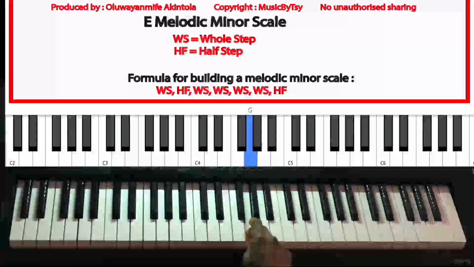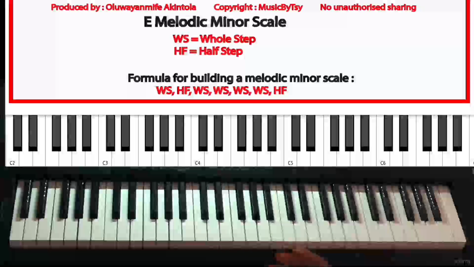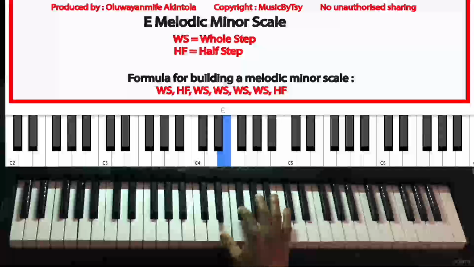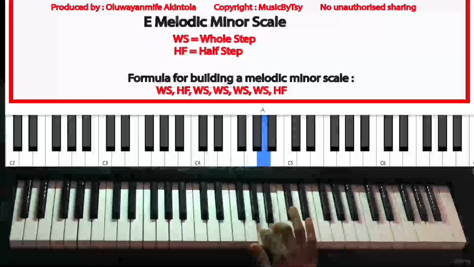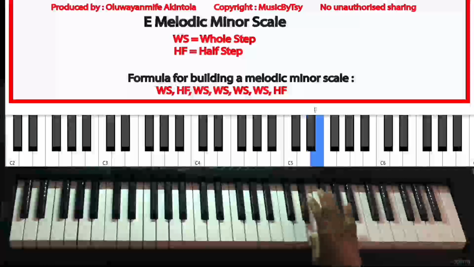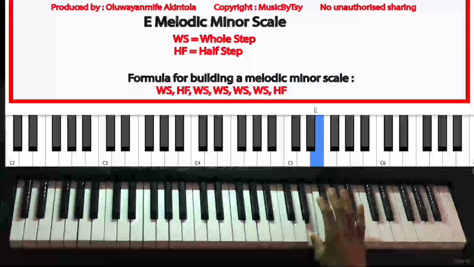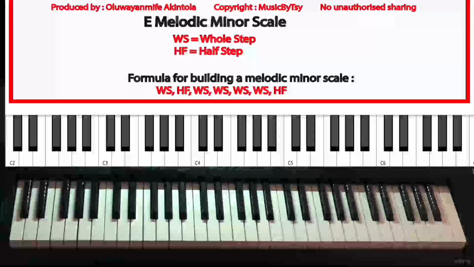So we're now going to play the new scale with the third note being the key of G. And that is going to be our E melodic minor scale. So yeah, let's do that. See that? So that is the E melodic minor scale.